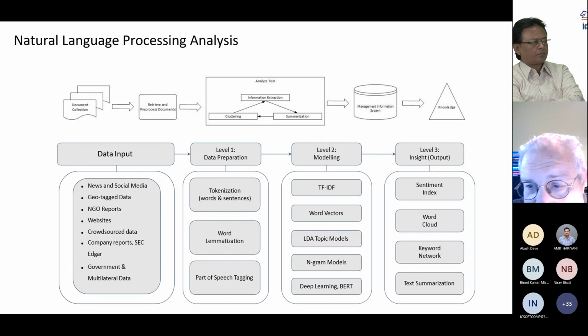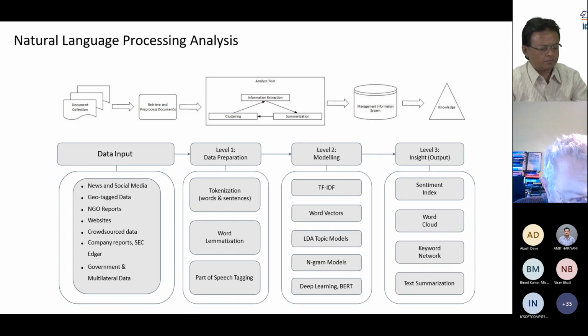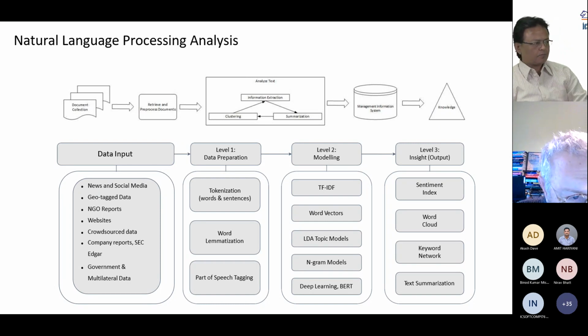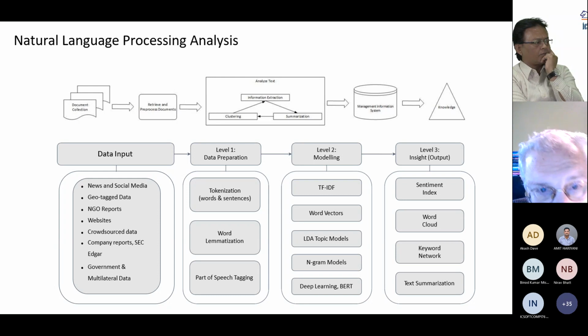You can see the data inputs needed. They come from all these data systems, sensor systems, new social media, geodata, satellite data, NGO reports, corporate reports, websites, government sites, and so on. We have the data preparation tasks. First of all, as I told, tokenization is used in natural language processing, as you already know.